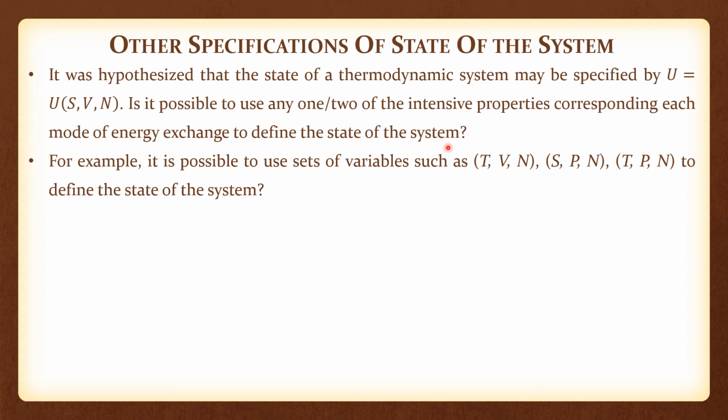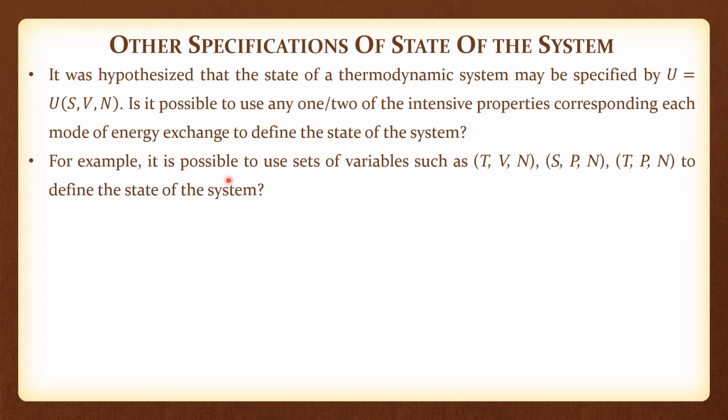For example, is it possible to use sets of variables such as TVN, SPN, TPN? So you know what these correspond to. This will correspond to Helmholtz free energy, this will correspond to enthalpy, and this will correspond to Gibbs free energy.